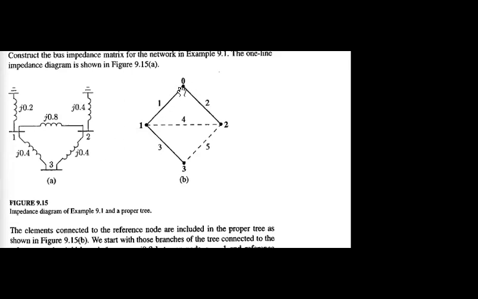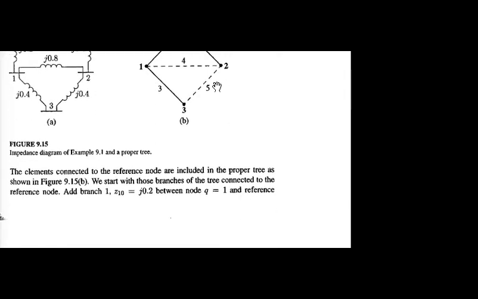So when we apply the first rule, rule 1, what is the value of Q? New node 1, right? And the reference node is 0. In between 1 and 0, it is the branch element. For that, the first element should be Z10. This is the Z bus considering rule 1.